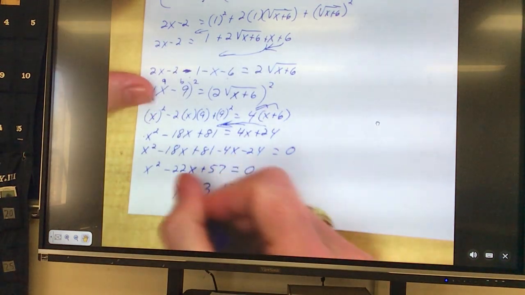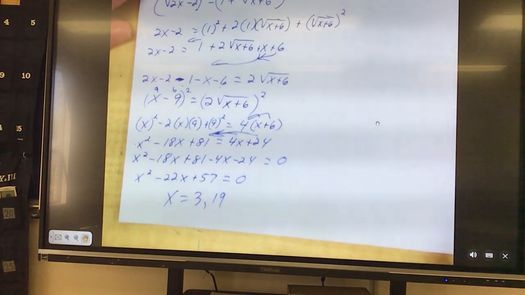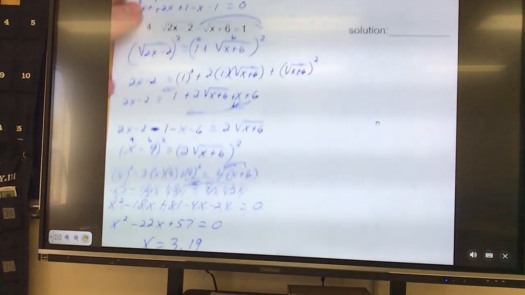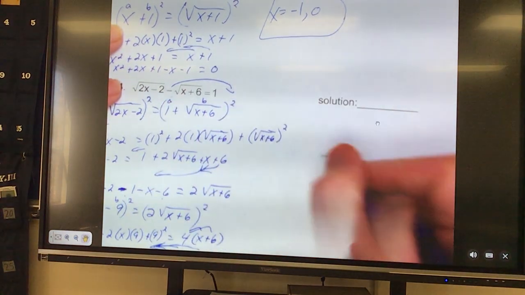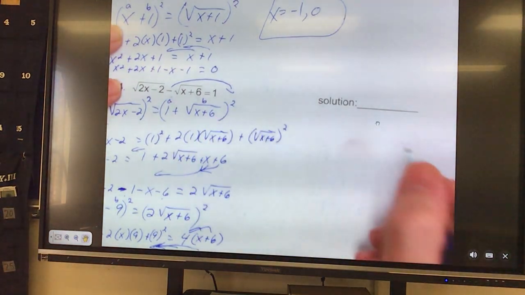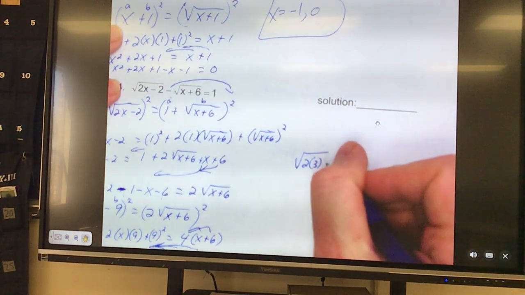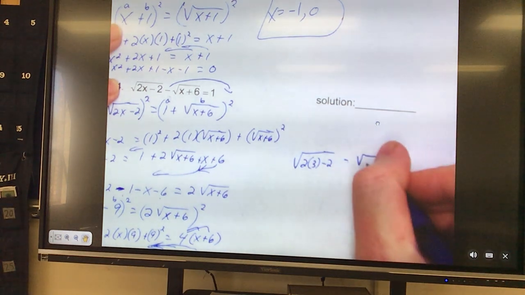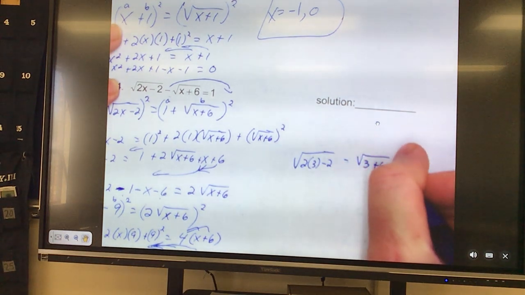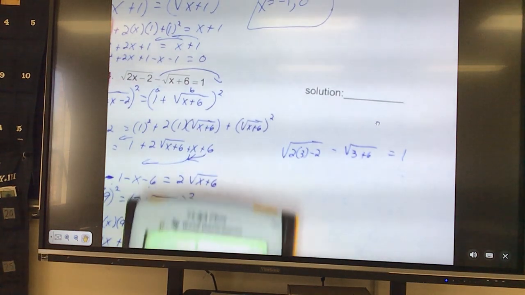So I have 2 possible solutions. We have to check them both in our original equation, 3 and 19. So here we go. I'm going to use 3 first, and I want it to equal 1. So we have square root of 2 times 3 minus 2 minus square root of 3 plus 6. We want it to equal 1. So let's check it out.